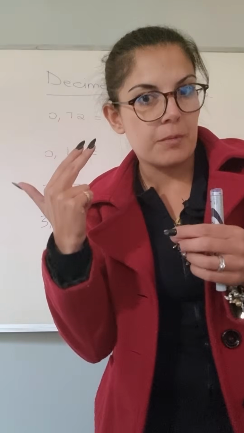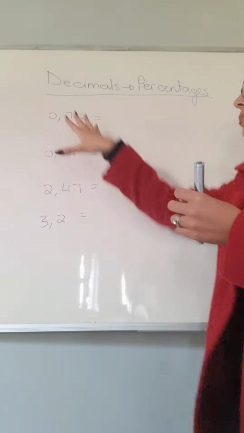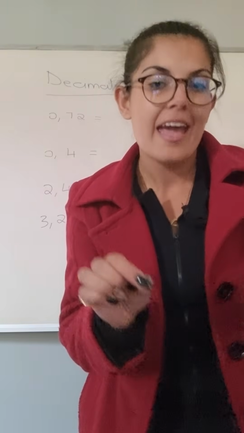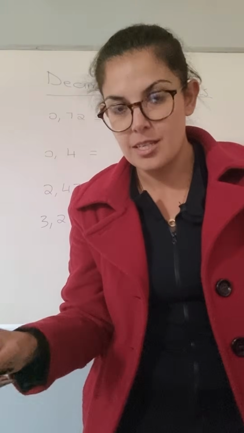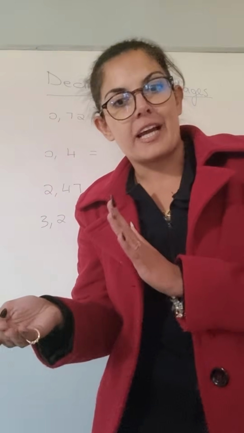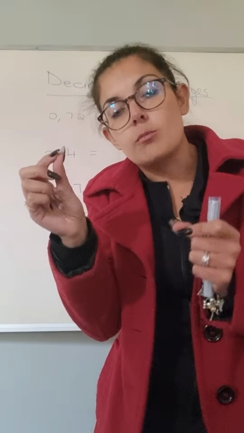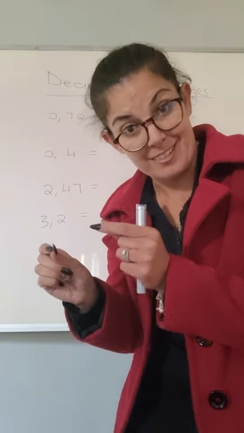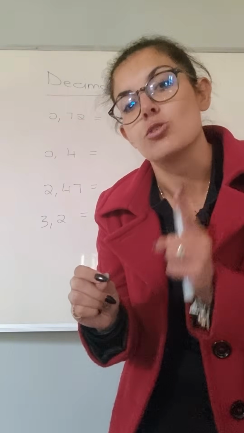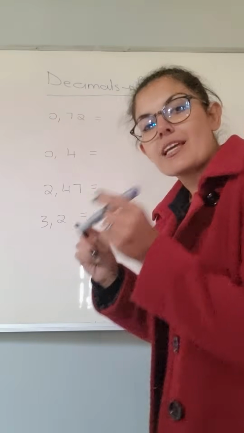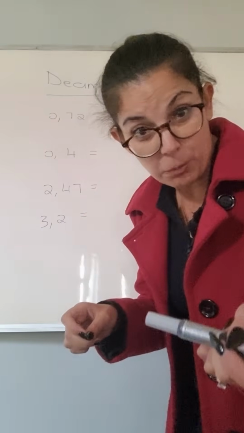So with that in mind, we will usually multiply your decimals by 100, and that will give you your percent. And remember, when you multiply a decimal by 100, all you're doing is taking your decimal point and shifting it. The direction in which you shift it is important because, remember, you're trying to make the number bigger because you're multiplying it.